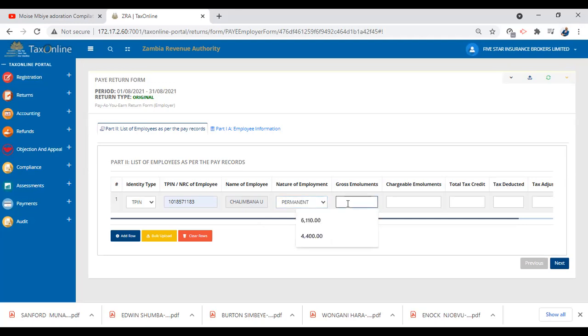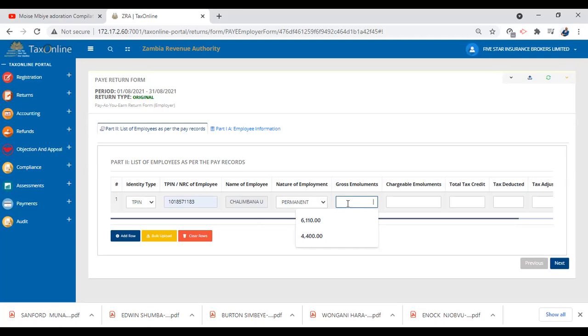And then we go to the gross amounts. By the time you are coming to fill in this information, you should have done the computation of how much PAYE applies to an individual separately, because this return does not have a self-populating calculator.